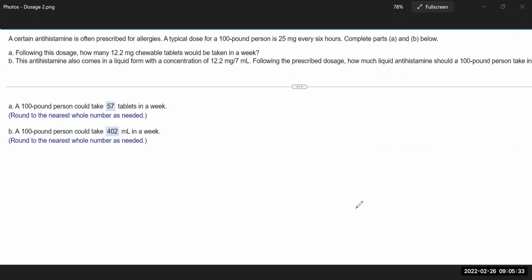So we're going to do, we know how much should be taken per dose, right? So 25 milligrams per dose. And then we multiply that by the amount of doses per week.